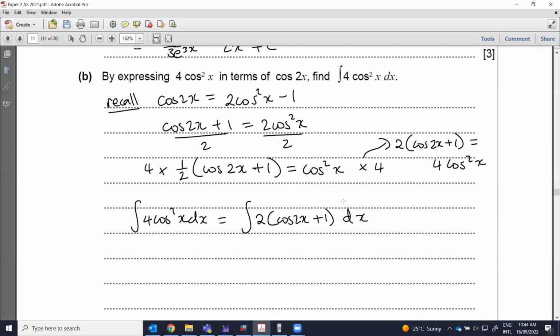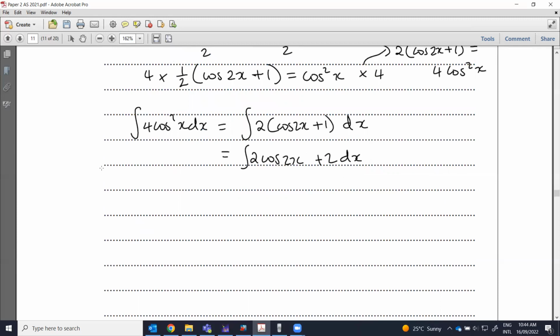And this is much easier to integrate than that one because we know how to integrate this. So I can multiply out my brackets. This is 2 cos 2x plus 2 dx, and then we'll split up our integral. This is the integral of 2 cos 2x dx plus the integral of 2 dx.